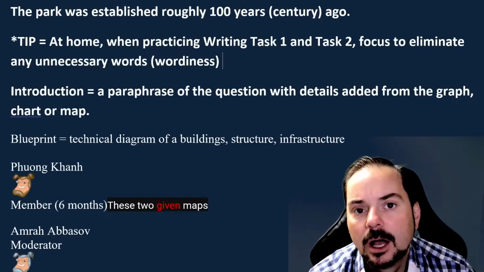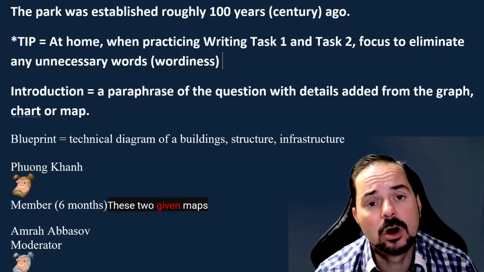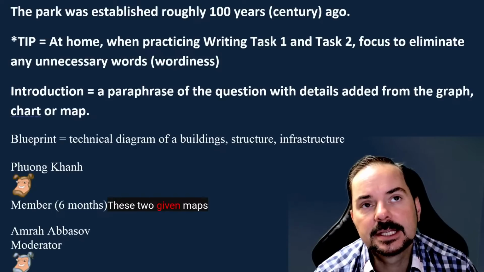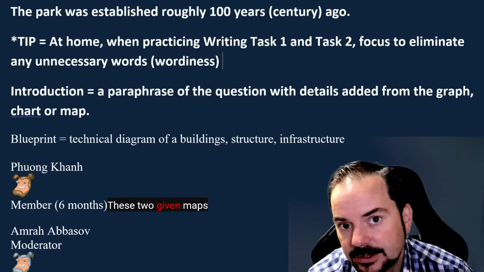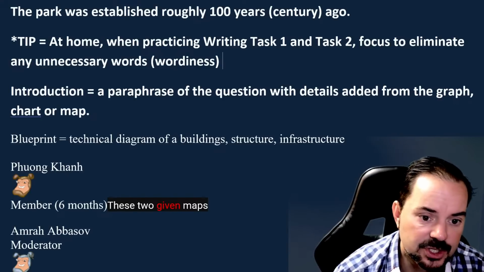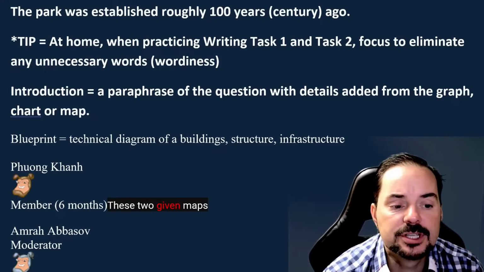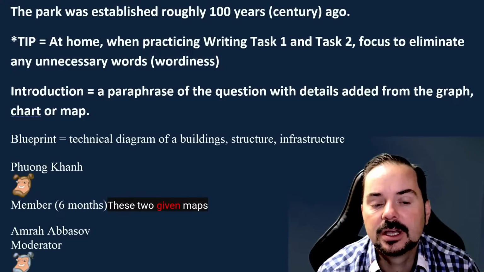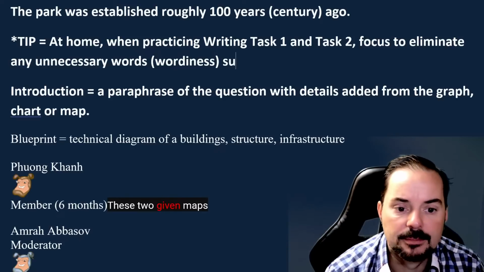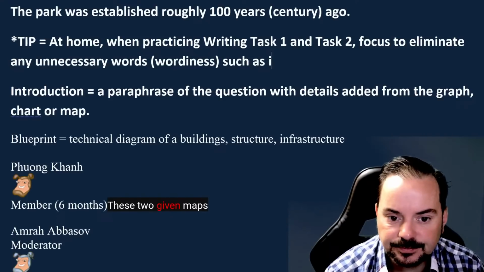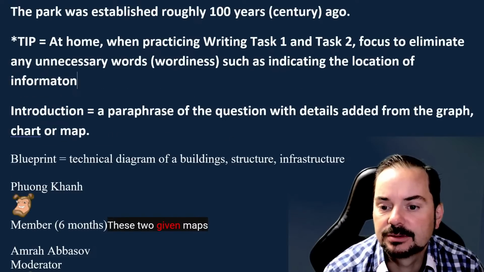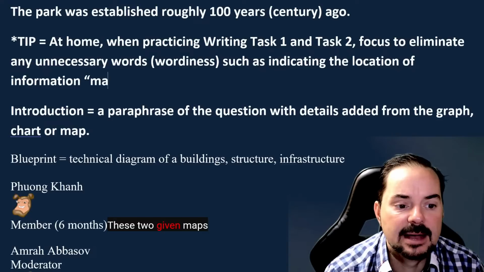In good writing, and especially at the college and university level, wordiness is highly disliked by readers, professors, teachers. So focus to eliminate any unnecessary words called wordiness, such as indicating the location of information, like maps below.